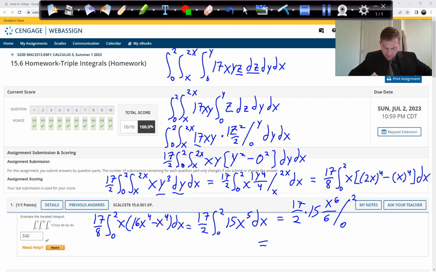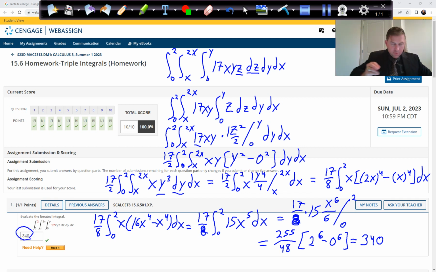For some reason I wrote this as a 2, it's supposed to be an 8 over here. So we're going to get 17 times 15 over 6 times 8, so it should be 255 over 48 times 2 to the 6th minus 0 to the 6th. And 2 to the 6th times 255 divided by 48 should simplify nicely to 340.